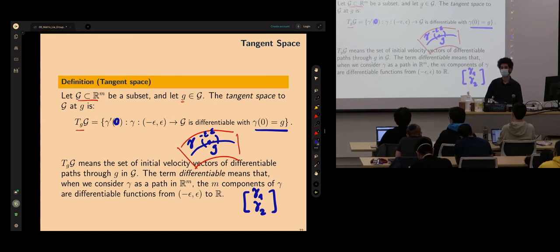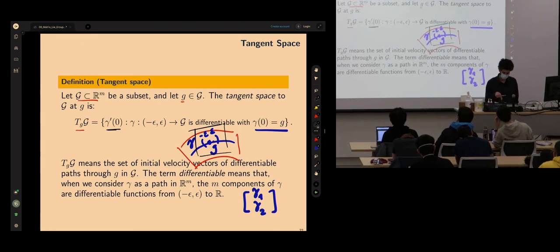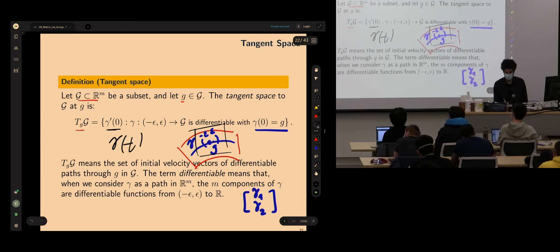I'm talking about the derivative of a function. But for the tangent space, at this particular point, you have your plane, all the velocities at that point. Now, we parameterize gamma with t.